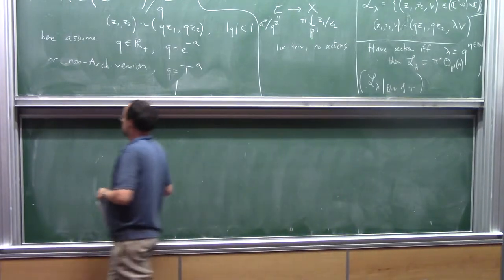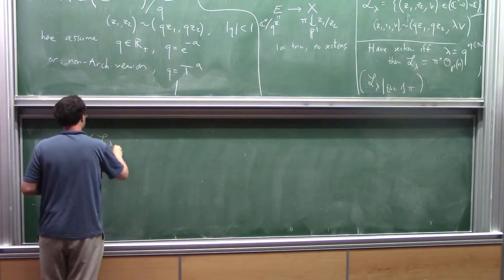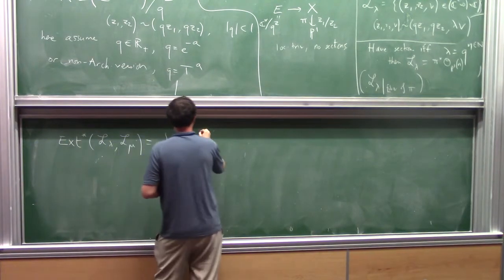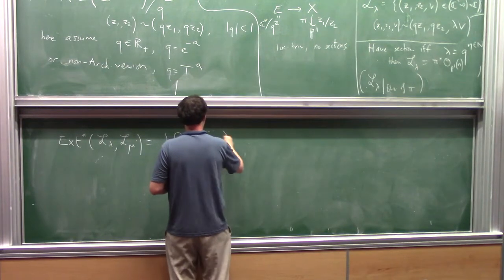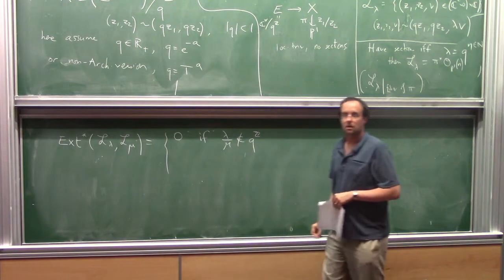thing that comes out of that is there's a lot of line bundles, but most of them don't talk to each other. If I look at Ext of L lambda, L mu, I will usually get 0 if lambda over mu is not a power of q.